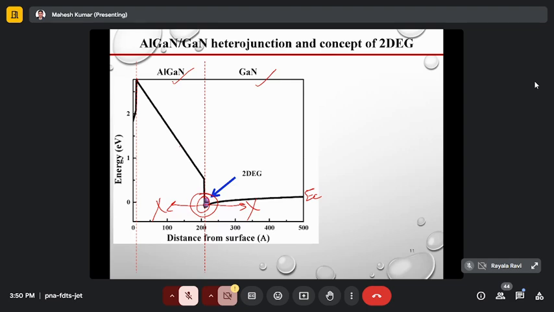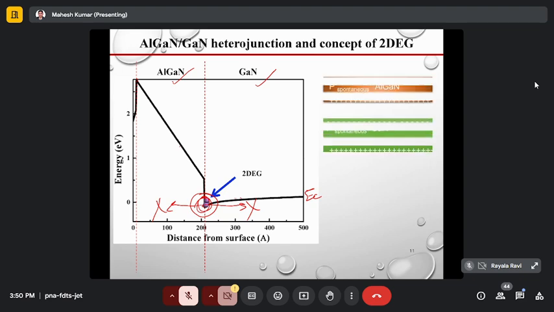But in the third direction, if we take the contact, they are free to move. They cannot move toward the aluminum gallium nitride, they cannot move toward the gallium nitride, because the energy is higher there as compared to this one. In the third direction, we can take the source and drain, and then we can make these heavy metal ion sensors.